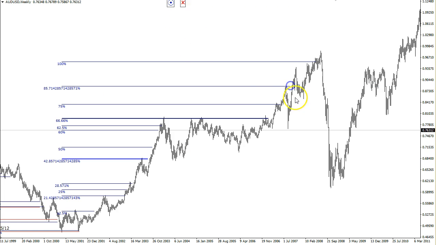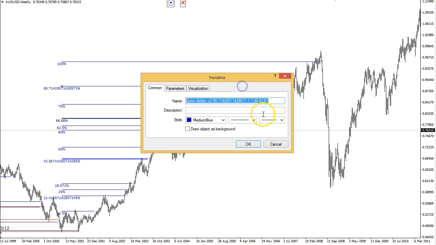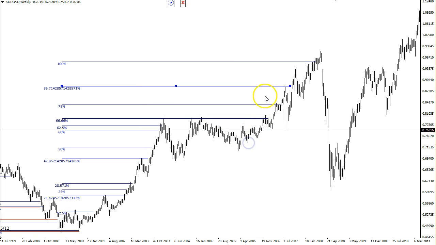With the simple rule that we are using, you have the swing here at 21.428571, the double is 42, the double of the 42 is 85. So the 85 gives you the reaction here.